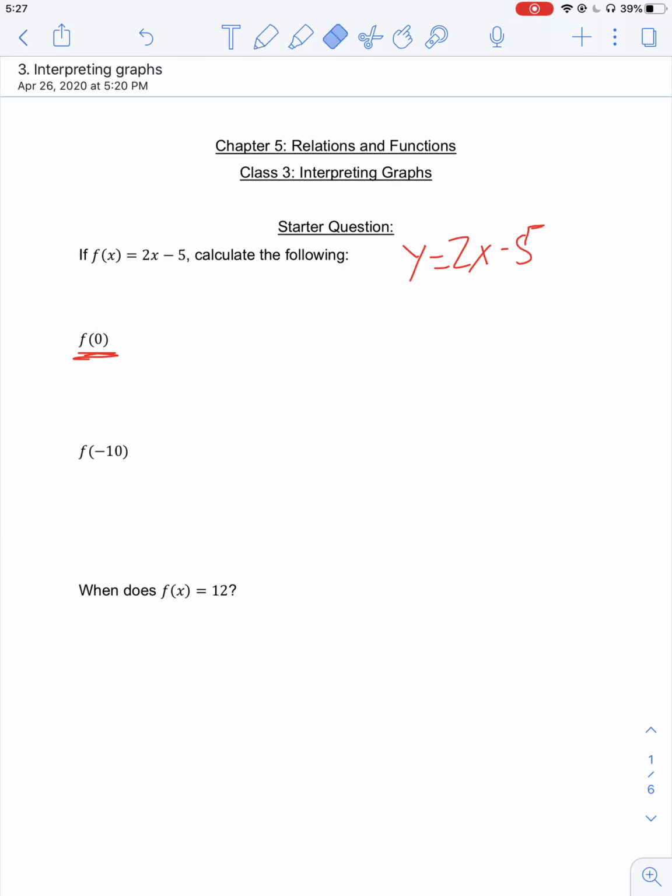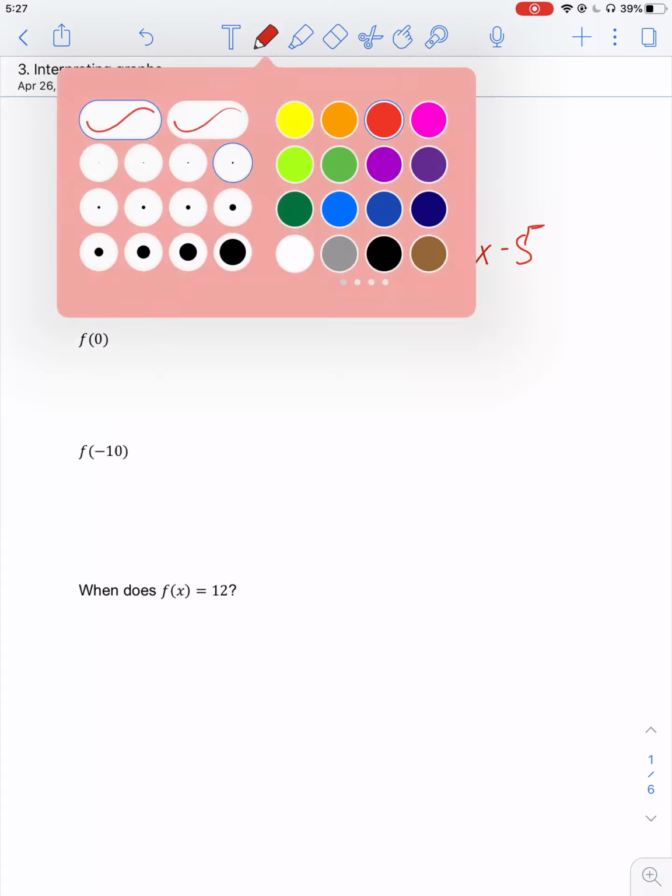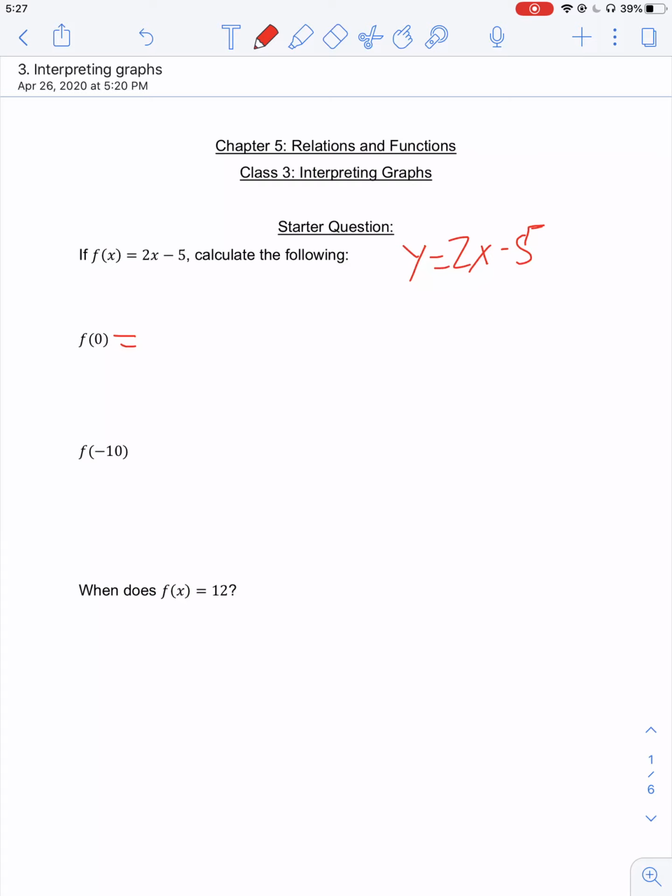You would just say that f of 0 is equal to 2 times x. But now this x has been replaced by 0. So instead of putting 2x, you're going to put 2 bracket 0. Everywhere you see x, you're going to have to replace that by 0.